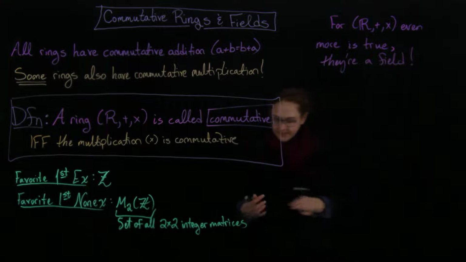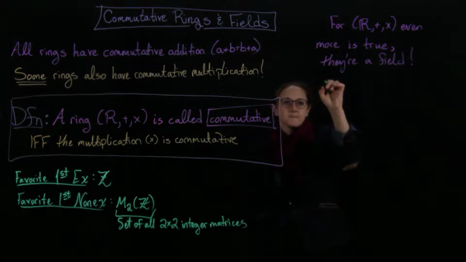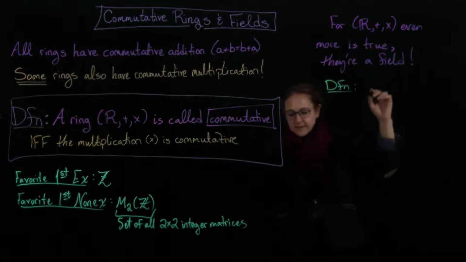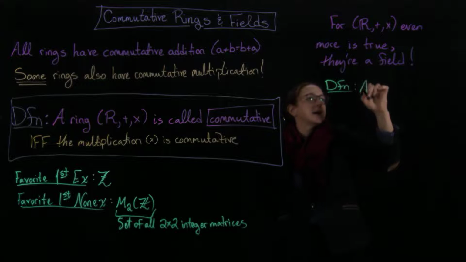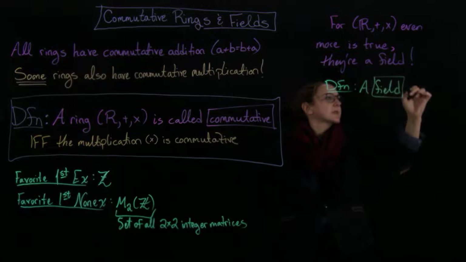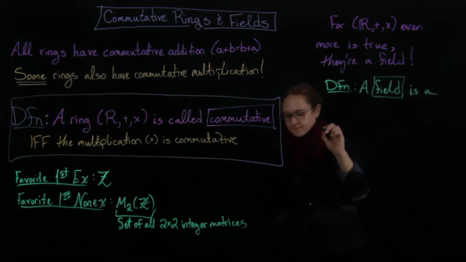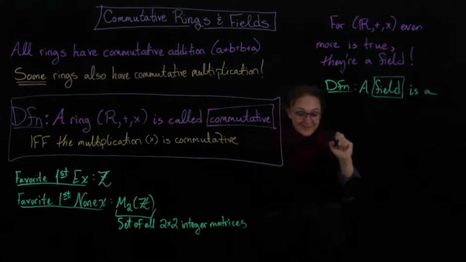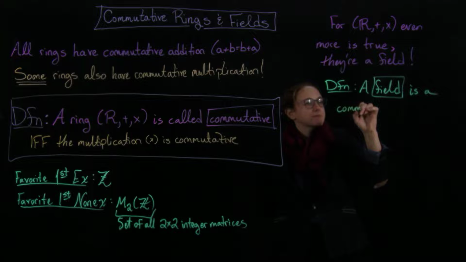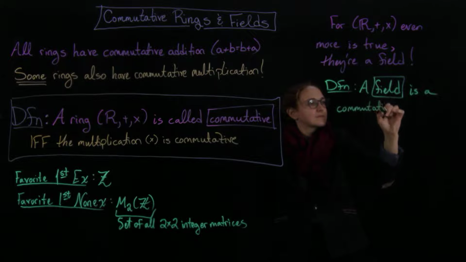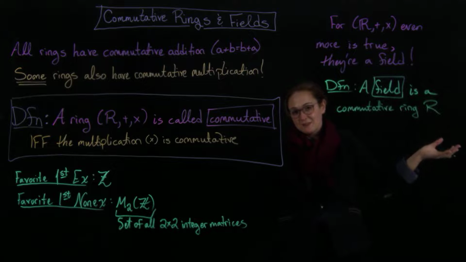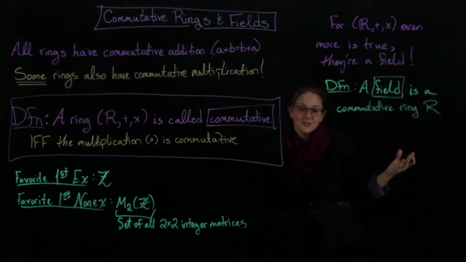Okay, so now let's say what that is. Definition. A field is a commutative ring R. If I ask what kind of object is a field, it's a commutative ring, or you could even just say a ring.